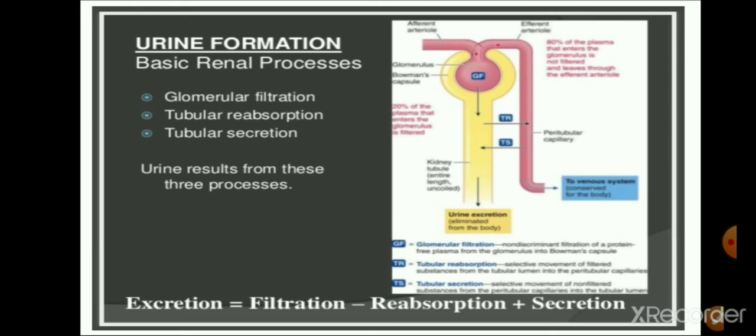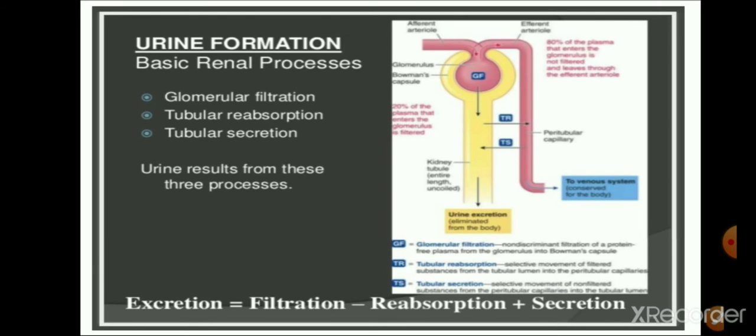Then we have tubular reabsorption. In tubular reabsorption, there is selective movement of the filtered substances from the tubular lumen into the peritubular capillaries. Then the last is tubular secretion. Tubular reabsorption occurs in the loop of Henle, and tubular secretion takes place in the distal convoluted tubule or the ascending limb of the loop of Henle.